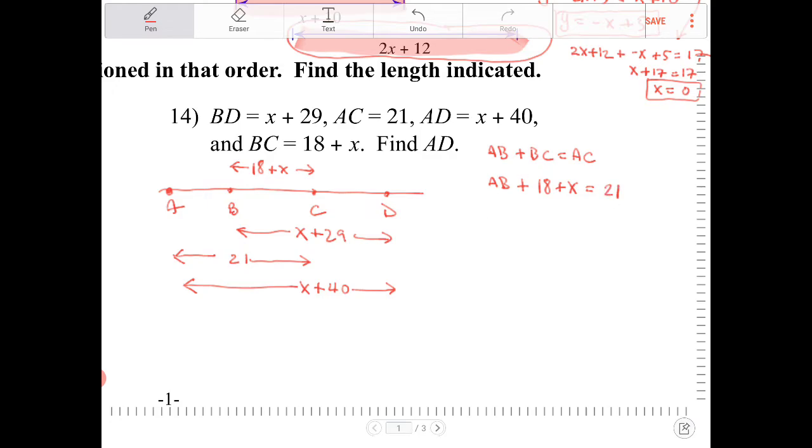So therefore, I have an expression for AB. I'm going to subtract both sides by 18, I get 3. Subtract both sides by x, I end up with negative x. So AB is equal to 3 minus x. And since I know that AB plus BD will equal AD, I can then say 3 minus x plus x plus 29 will equal x plus 40.